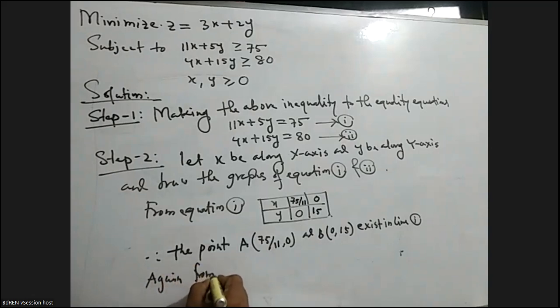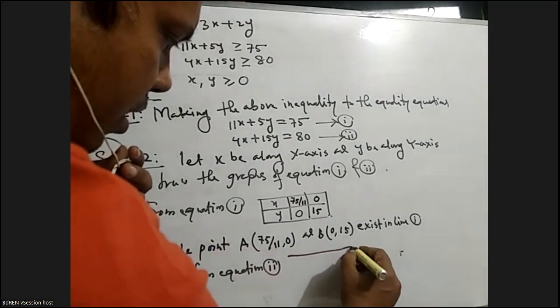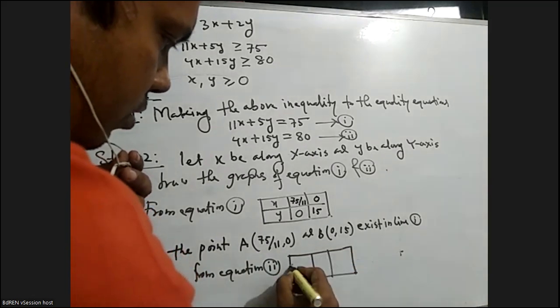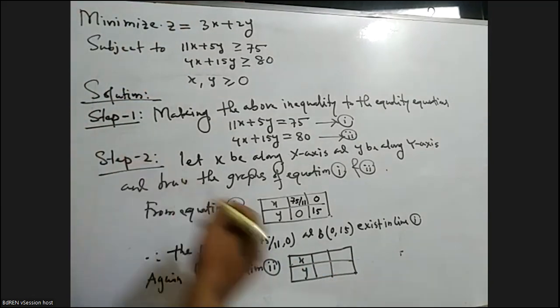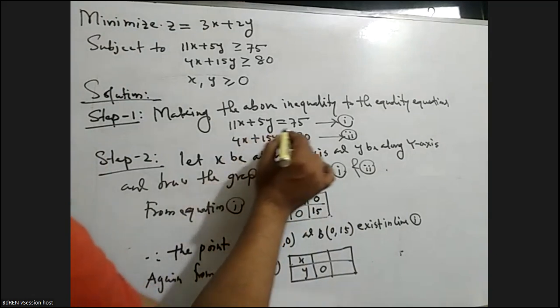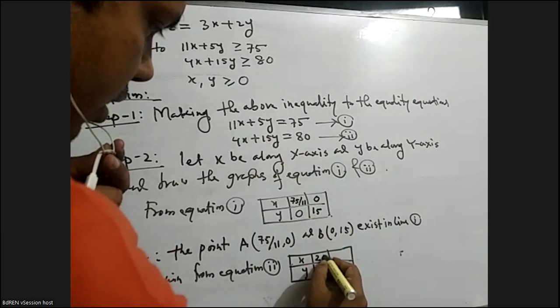Again, from equation 2, how can we find the points? Similarly, draw the table. One is x, another is y. If y equals 0 in equation 2, then 4x equals 80. So x equals 20.